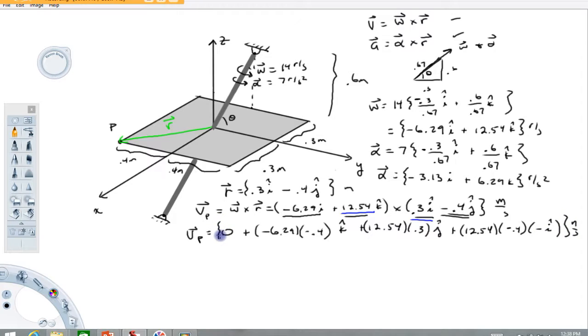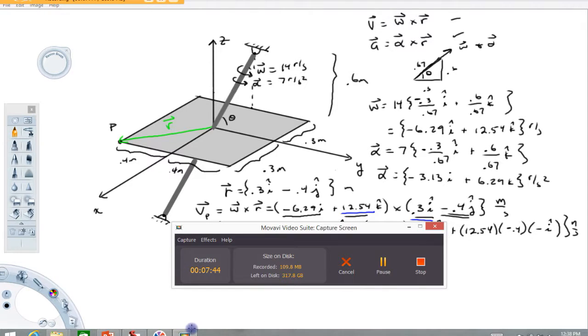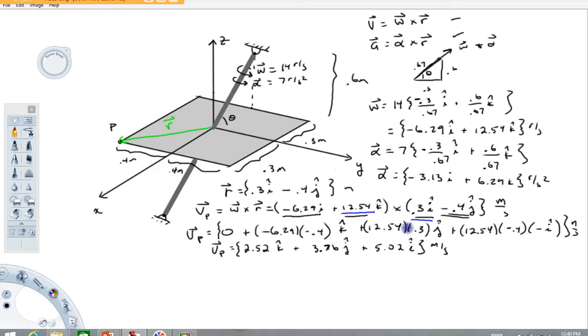So I'm going to take a moment, try to keep this video short. I'm going to pause it and calculate values. All right, I'm back. So here's the values I got. Hopefully they're right. I got 2.52k plus 3.76j plus 5.02i meter per second for the velocity vector of this point. Now you'll notice that all these terms come out positive.